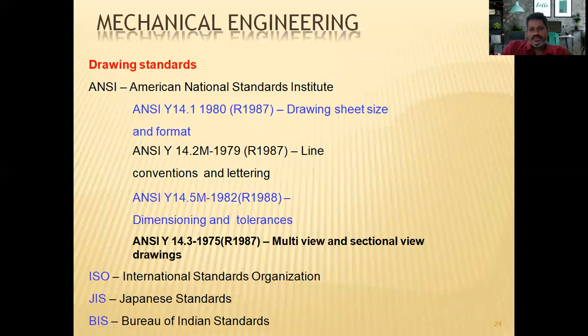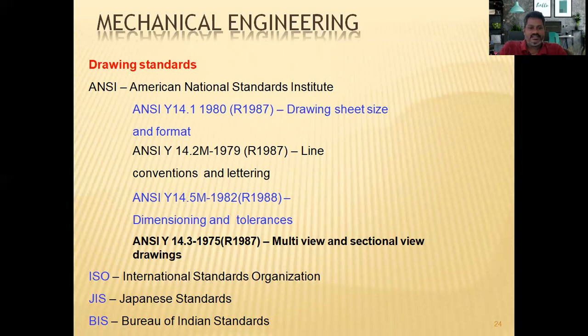There are some drawing standards also. Every country across the globe follows some drawing standards. ANSI, the American National Standards Institute, uses some conventions. In this case, 14.1 1980 is the drawing sheet size, which indicates the drawing size. Then conventions and lettering are indicated. ISO means International Standards Organization, as you are fully aware.